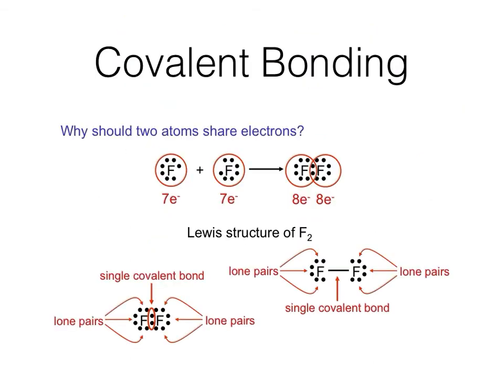All right, so covalent bonding. Why do atoms share electrons? It's because they want to have a full valence shell, the octet rule, okay? And the sharing of electrons is more energetically favorable, especially when we hit our nonmetals.